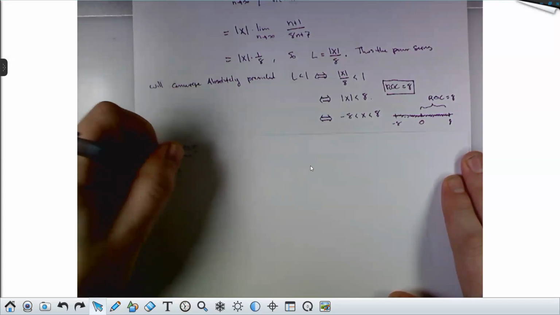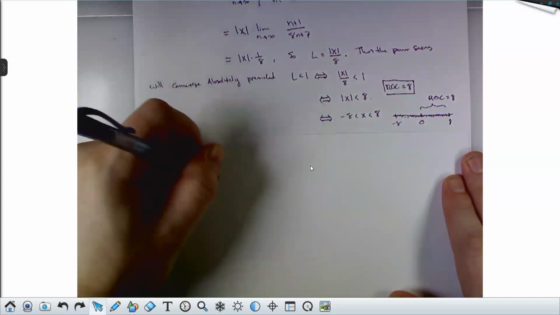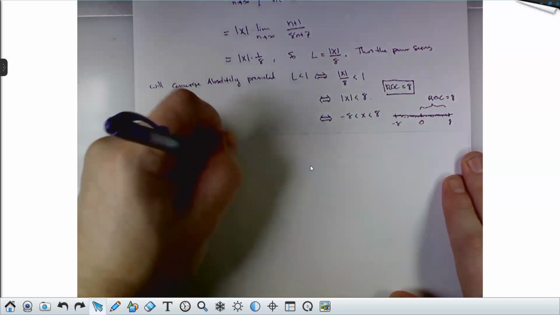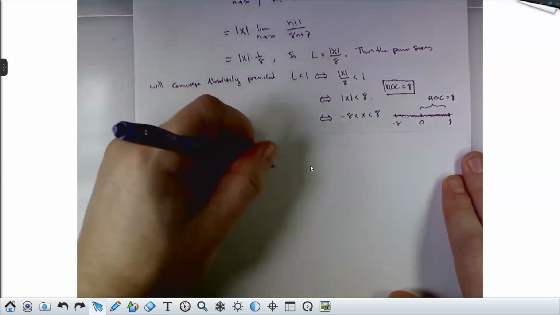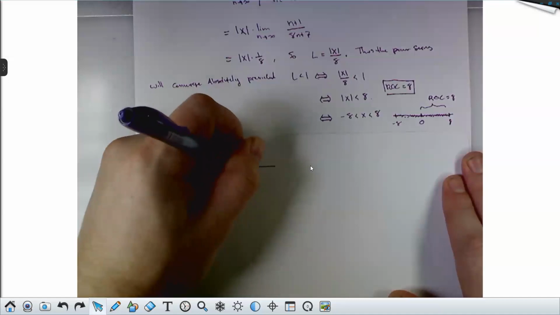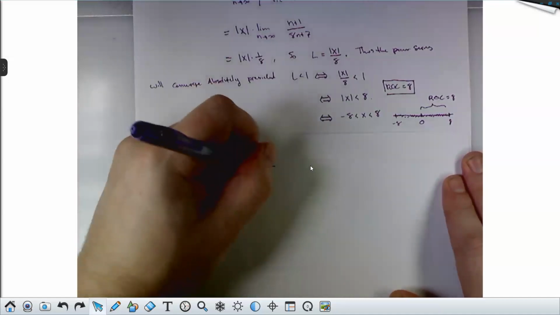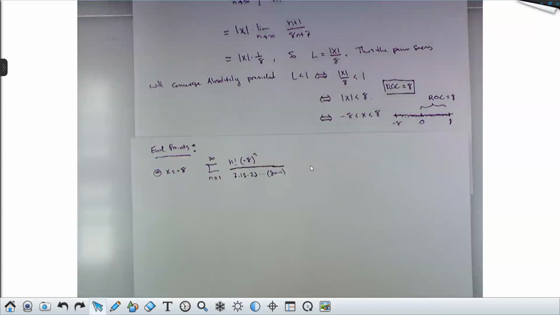So when x is equal to -8, we have the sum from n equals 1 to infinity of n factorial times -8 to the n over this weird product. And this guy is a little cattywampus. Not immediately obvious what to do with this thing, is it?